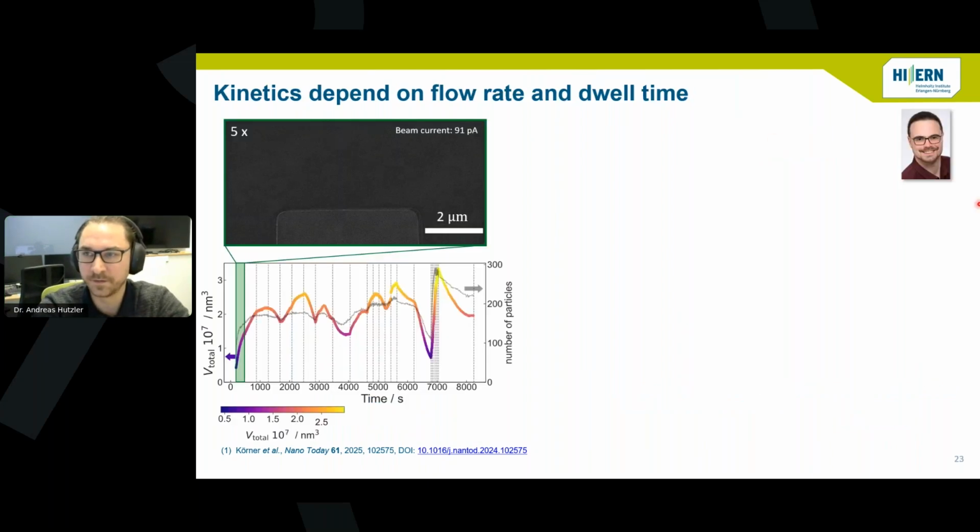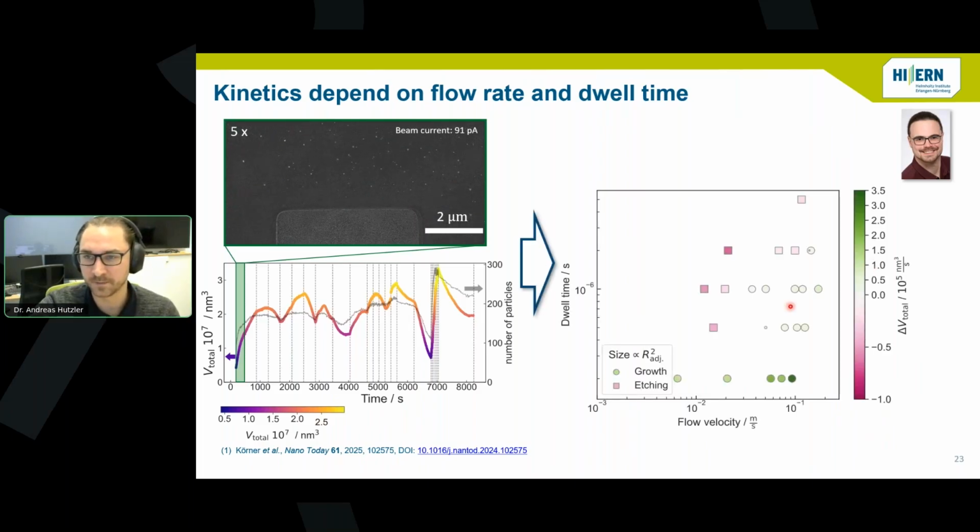And my PhD student, Andreas investigated this in very much detail. He always recorded a video under certain flow and beam conditions, and then one of the parameters was switched, and this is the result what we got. So more than 20 data points.